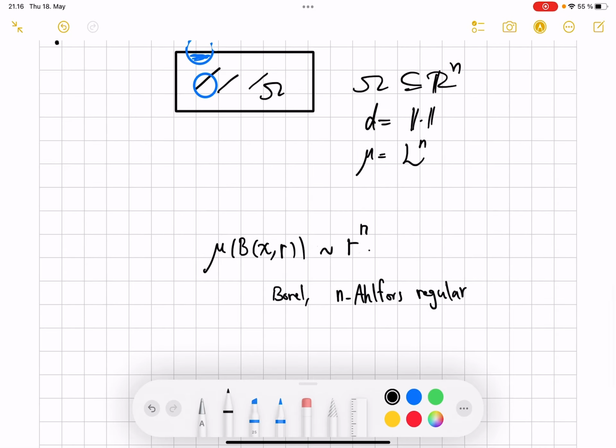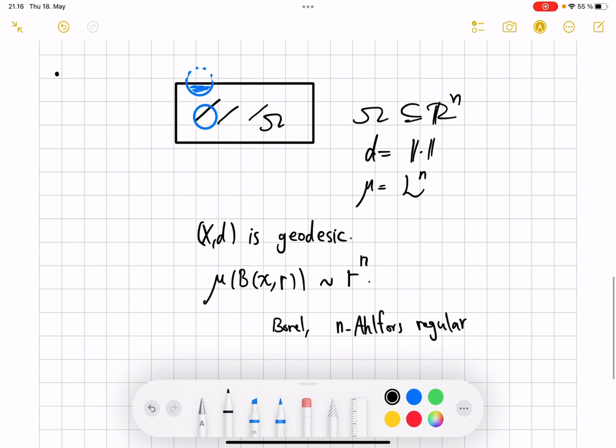How about the metric properties? So this space is definitely a geodesic space. Between every 2 points, there is a shortest path, a shortest rectifiable curve, which is just a straight line parameterized the right way. Does this space support a Poincare inequality?